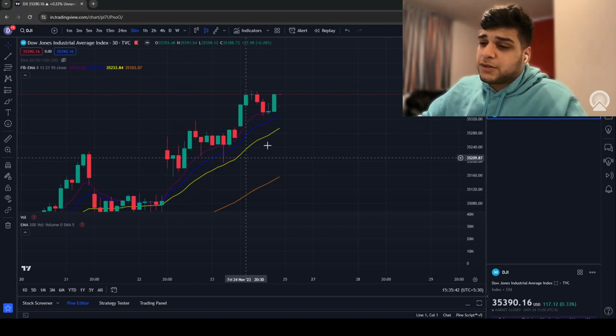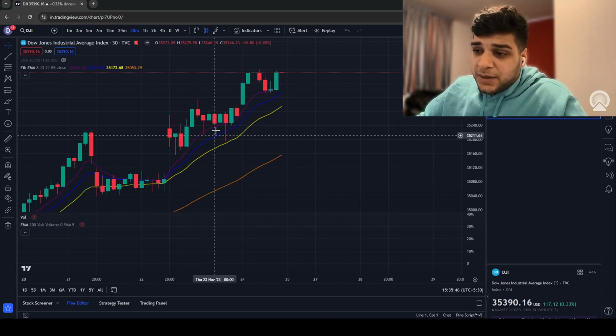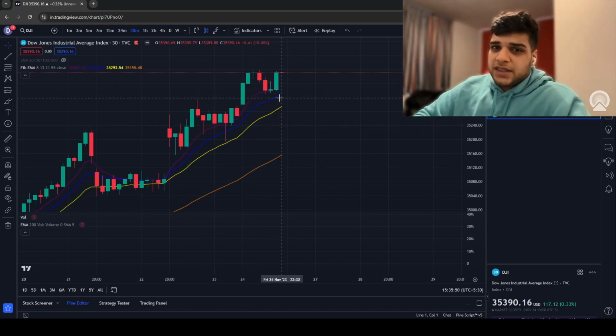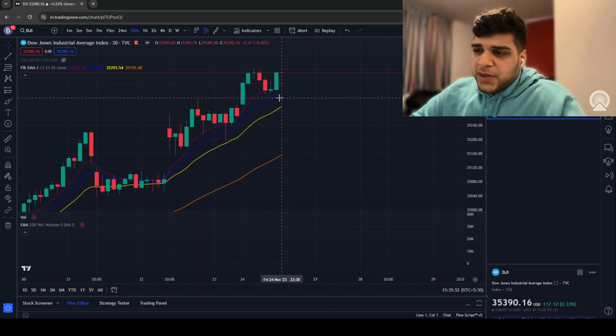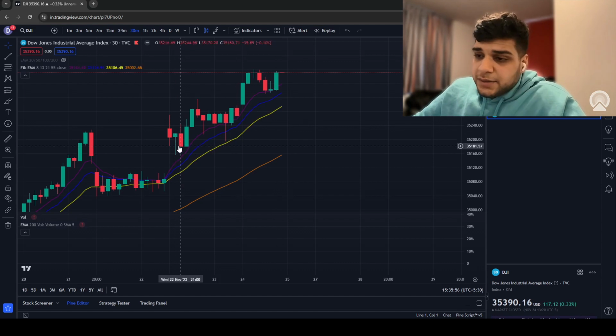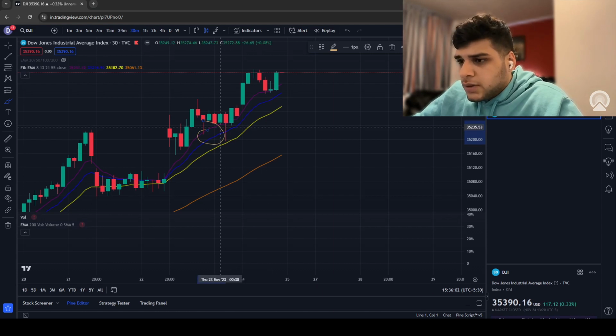If your conviction is towards the top side because of volumes or just the spread between these EMAs themselves, if they're far apart in any one direction, that can suggest momentum as well. And you just take the trades whenever it retests the purple line here, like so. So well done.